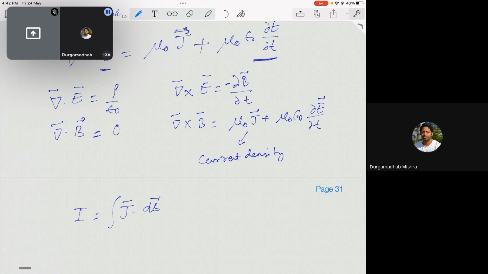Or let's say current per unit area. So that is your current density. If I know the area through which the current is flowing, I take the integral over this surface, and I'll get the total current through the surface.